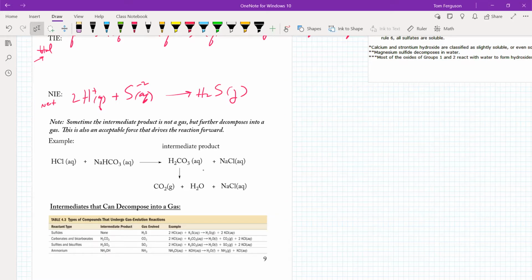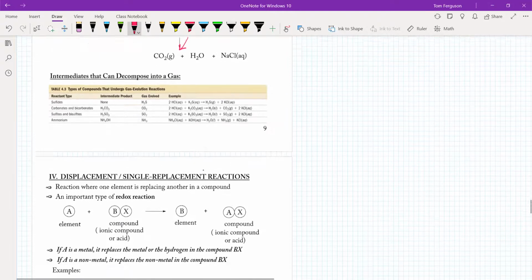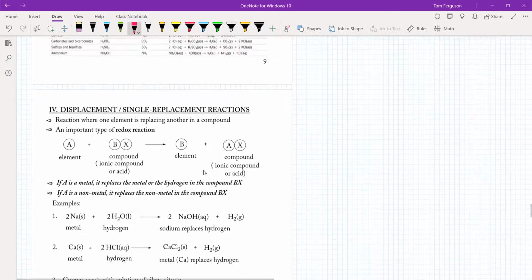And as an exception, sometimes what you make forms a gas as an intermediate product. I'll go into detail on that tomorrow as well. Okay, so that's double replacement.